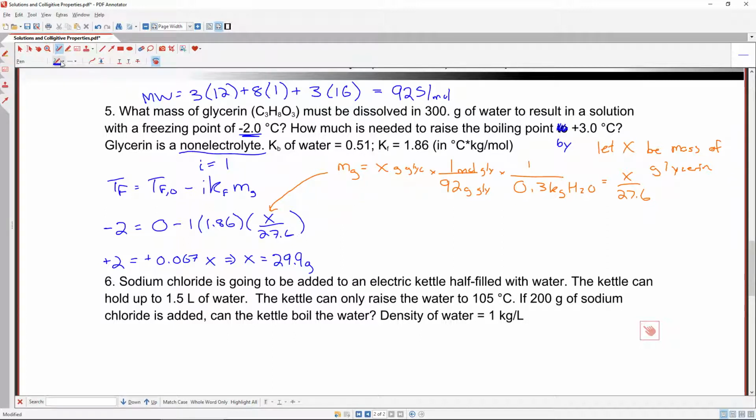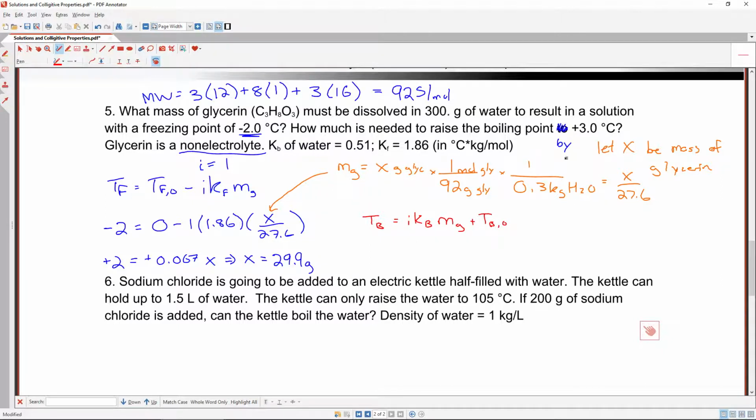Now for the boiling point, which is hot, so I'm going to use red. So it's kind of cool, right? This is going to be a separate calculation in total, right? So TB is equal to i KB m g plus TB naught, right?